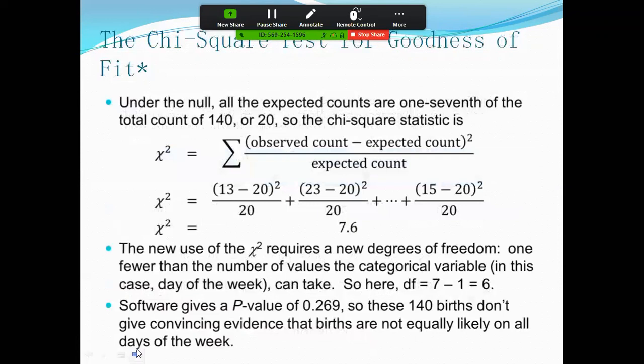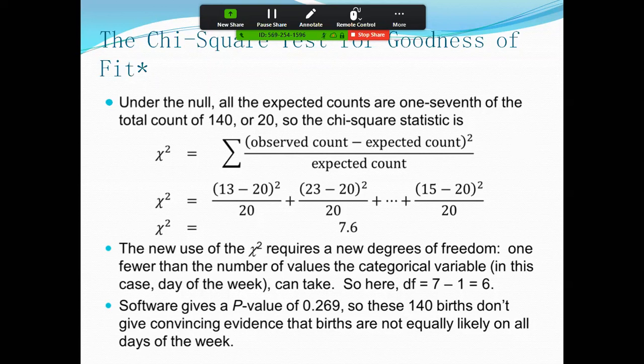Under the null, all the expected counts are 1/7 of the total count of 140, or 20. So the chi-square statistic is the sum of the observed counts minus the expected count, squared, divided by the expected count. Each expected count was 20 because there was a 1 in 7 probability. So 1/7 of 140 is 20.